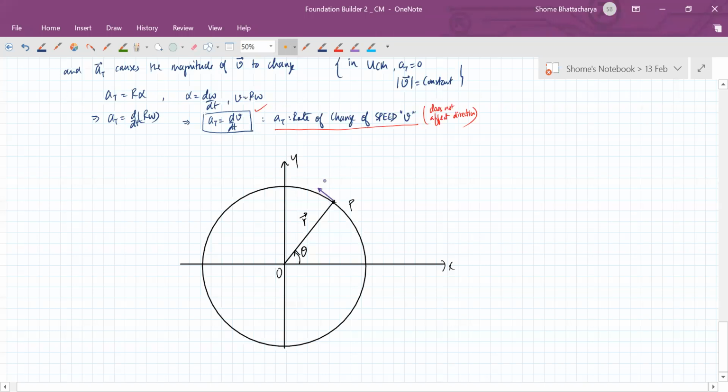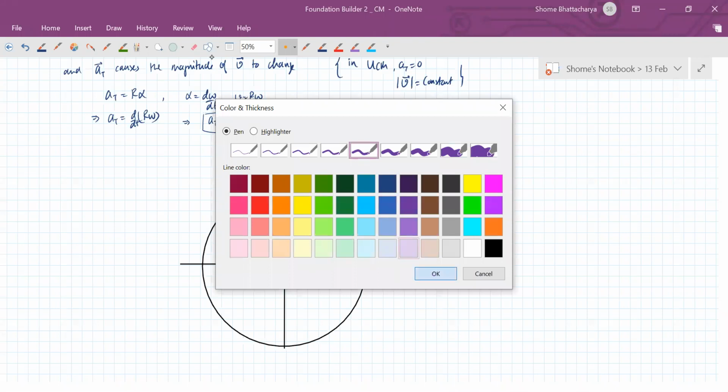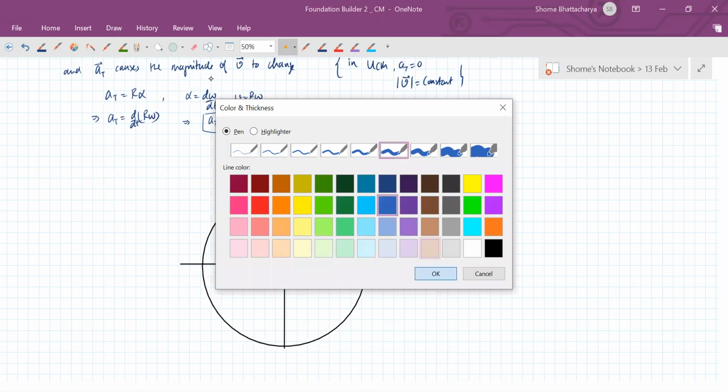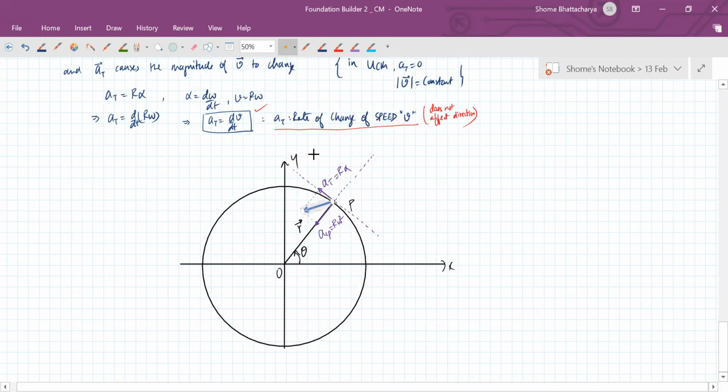There is the tangential component of acceleration, which is r alpha in magnitude, along the tangential direction, and then along the centripetal direction there is the centripetal acceleration, which has a magnitude of r omega square. Therefore the net acceleration will be the vector sum of these two. So the net acceleration is a vector like this. It is neither tangential nor centripetal. It has both the components.